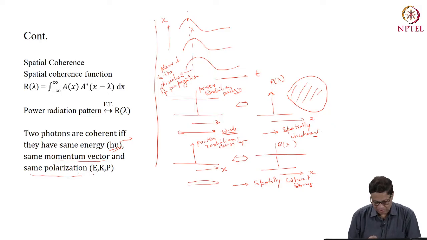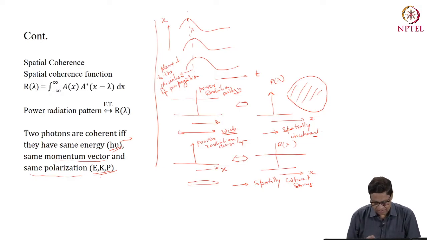So it should follow this triplet: the energy, the momentum and the polarization. Laser devices in general are coherent both in time and space, which means they are spatially as well as temporally coherent.